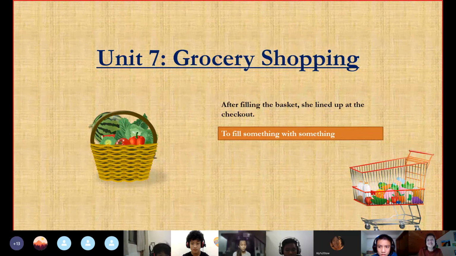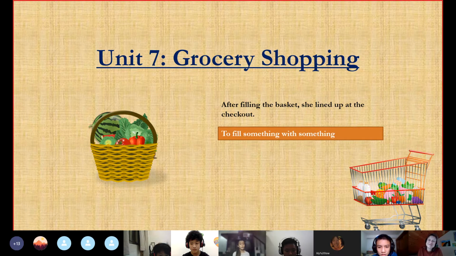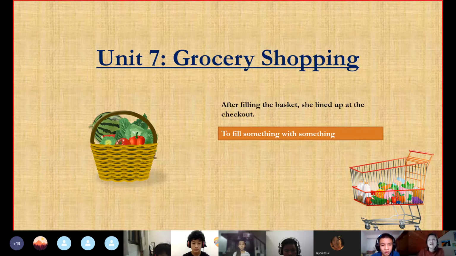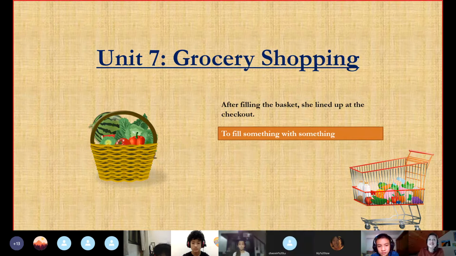Very good. Yes, we can see a basket. What else? And vegetables. Very good. Yes, and vegetables. Very good. Okay, and we can see that all the vegetables are in the basket, right?